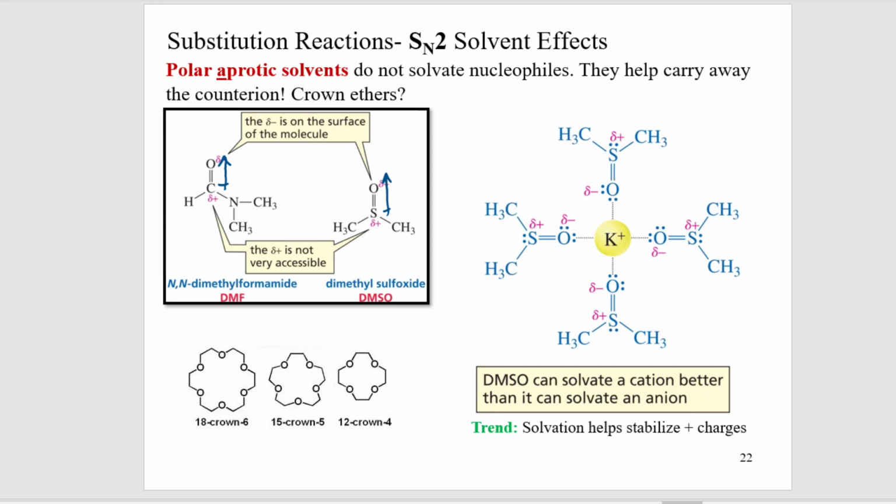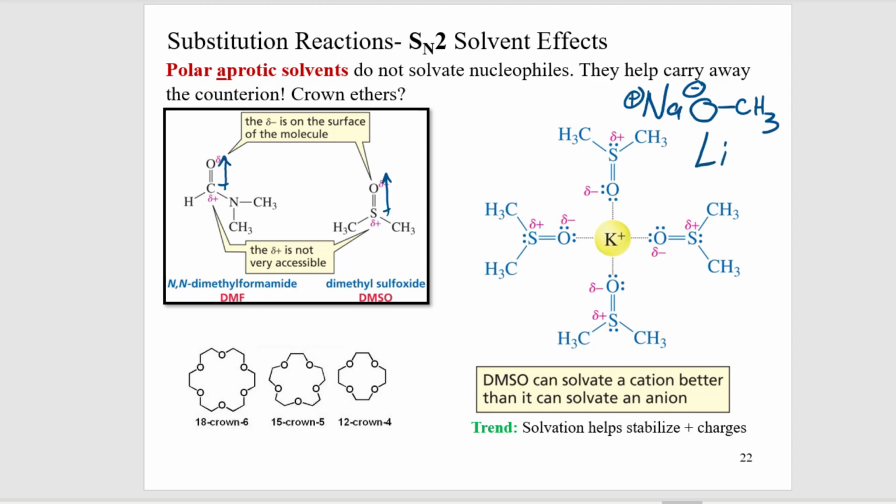But how can polar aprotic work for us? Well, understand that we don't buy things like OCH3 minus. I don't go to the shelf and look for, where's the OCH3 minus? It doesn't come like that. It comes as a solid salt. Maybe it's sodium methoxide.